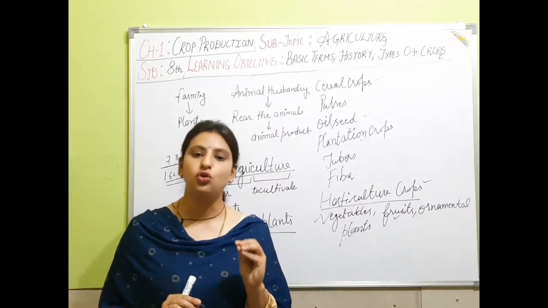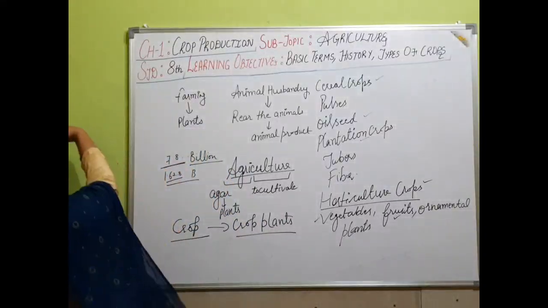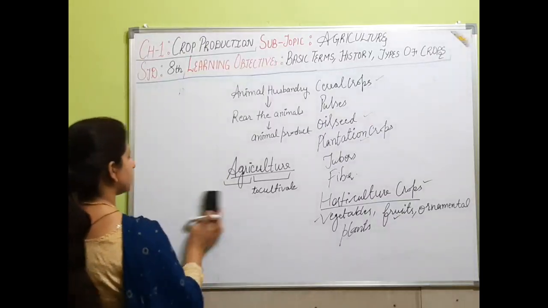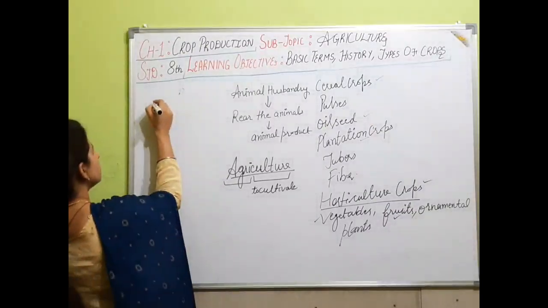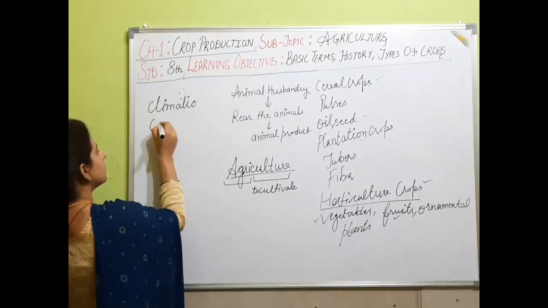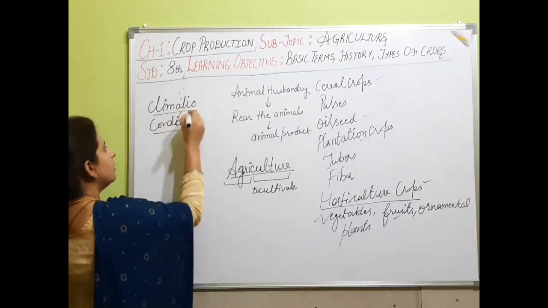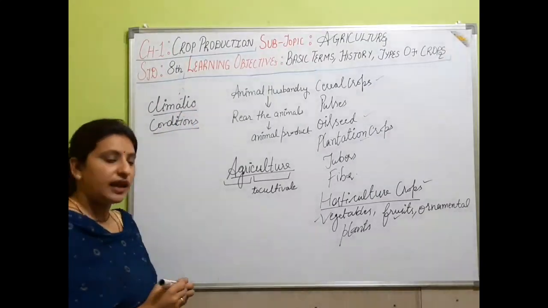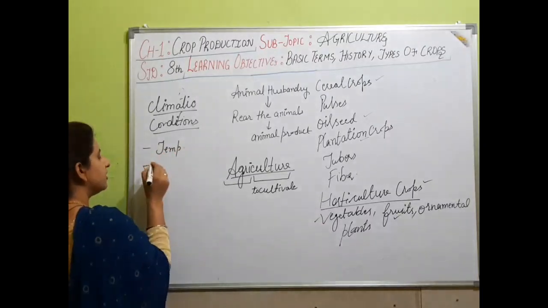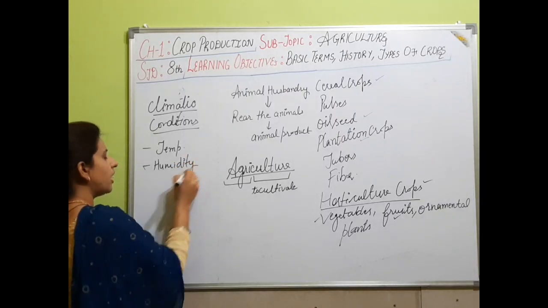Why? Because to grow mango, some specific climatic conditions are required. Climatic conditions means some specific conditions, like a certain amount of temperature, then a certain amount of humidity, and many more things.